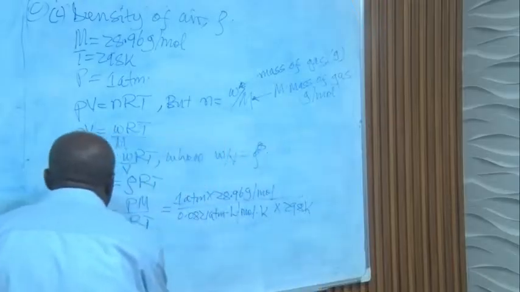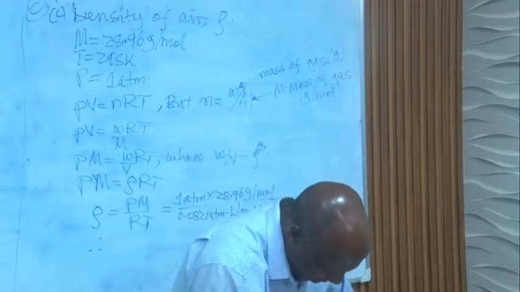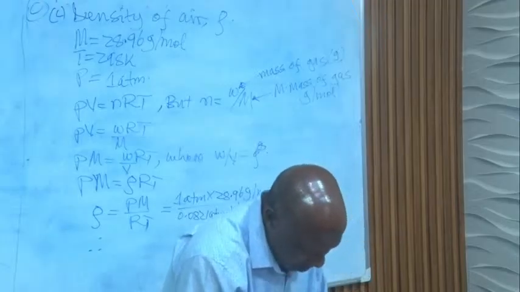Then finally, the density of this gas is about 1.